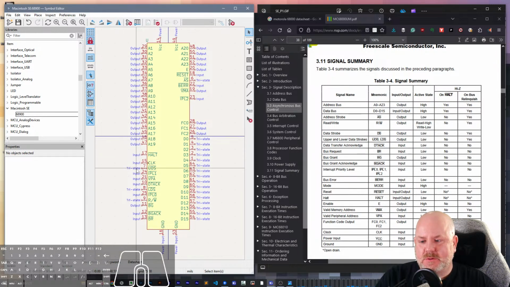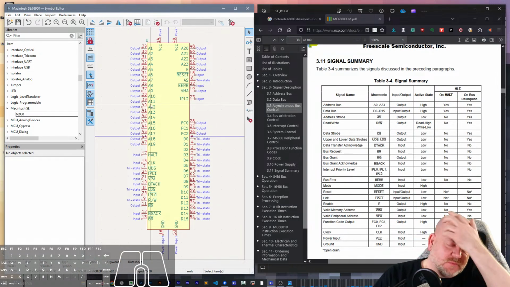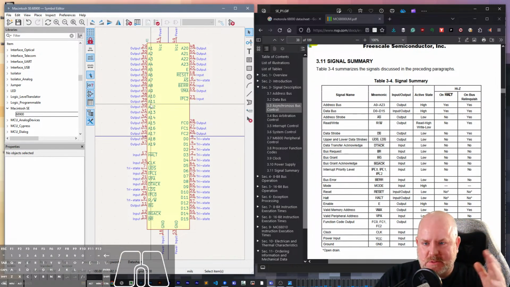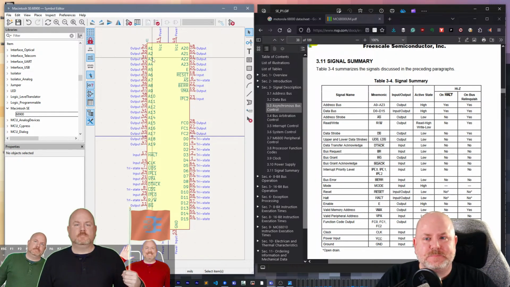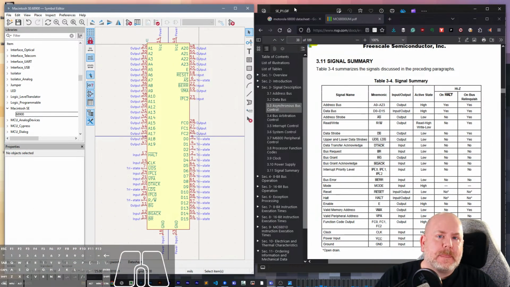I see output, input, tri-state, input, input, tri-state, output, and sweet. Now we'll probably end up moving some of these around, but at least all the pins are here, and I think we've got the correct functions assigned. So I think we can move on. Much rejoicing. Yay.